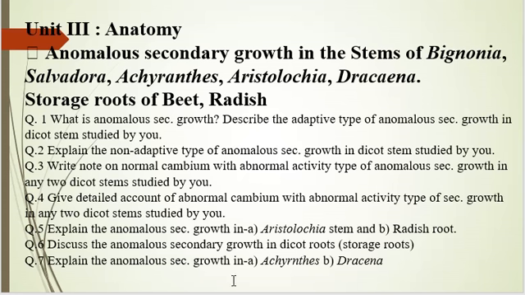Here I give some questions which are mostly asked in exams. Sometimes: explain the anomalous secondary growth in Aristolochia roots, that is on dicot roots, or anomalous secondary growth in Achyranthes and Dracaena. So this type of questions are asked in exams.